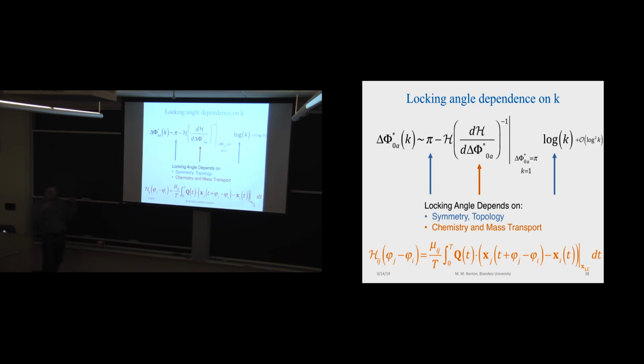And so this approach really lets you separate what aspects of the dynamical system are from chemistry and what parts are from topology. And everything is completely controlled. This H function is calculated from this phase response curve, which in turn is calculated from the full chemical dynamics. So there's like zero adjustable parameters in this.